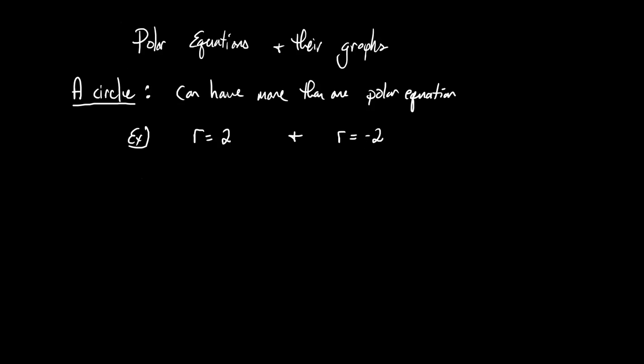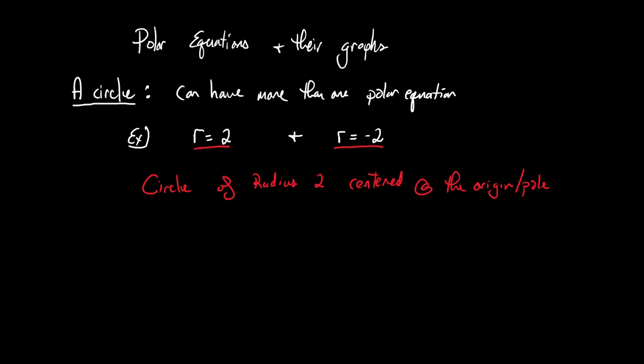These are both the equations for a circle of radius 2, centered at the origin. Or the pole. So I shouldn't really say origin, I should say the pole. So centered at the pole. Just be very cognizant that this is the equation for a circle of radius 2 centered at the pole. It does not matter if you go -2 or +2.